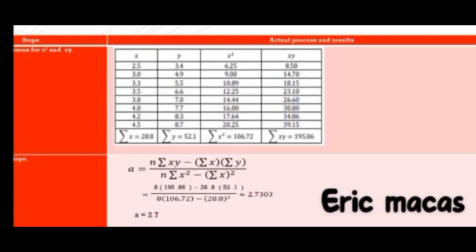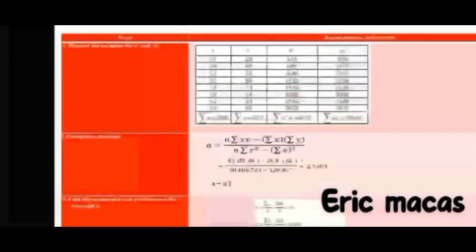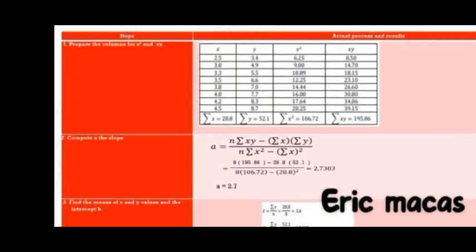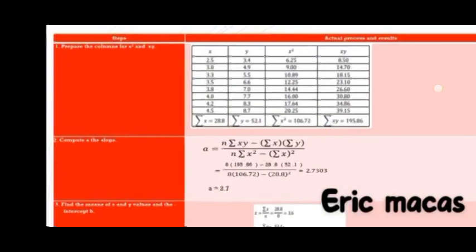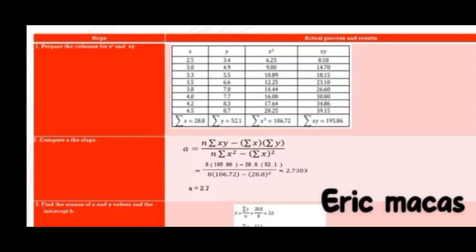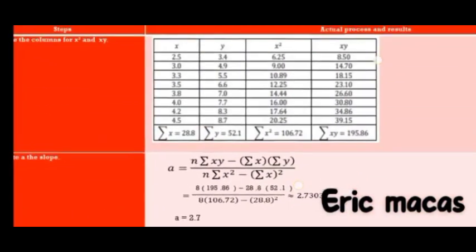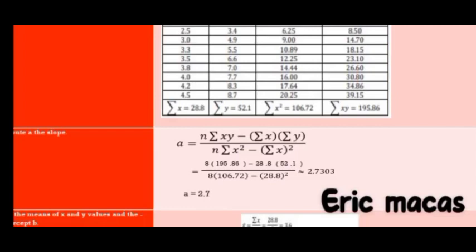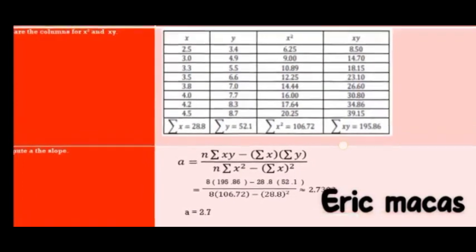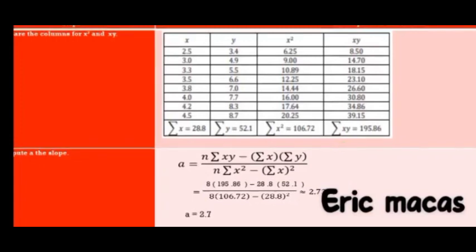So we created a combination of x and y, which shows the output. The summation of x is equal to 28.8, which gives the results for only x, only y, only x squared, and xy.